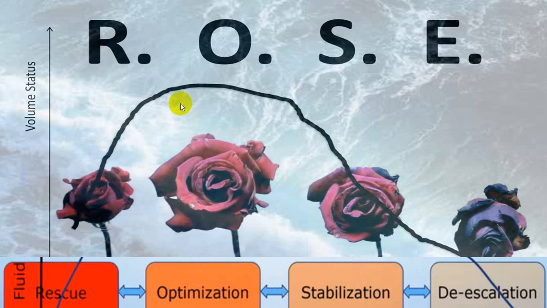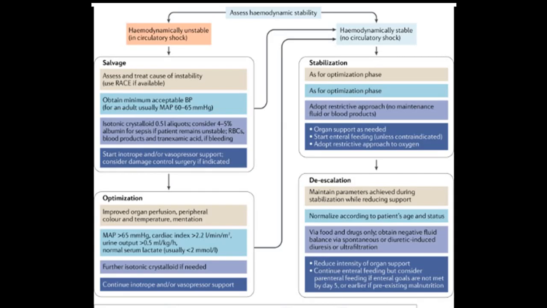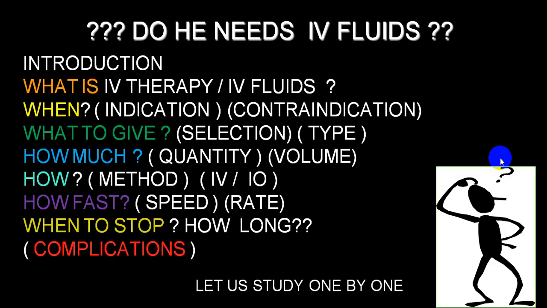R for resuscitation, O for optimization, that is replacement, S for stabilization, that is we call maintenance, and E for de-escalation. So that is given here. Salvage is resuscitation. Then you optimize, that is maintenance plus replacement. Then you stabilize, and once the person is stabilized, you go to de-escalation. At your leisure time, you can go through it.